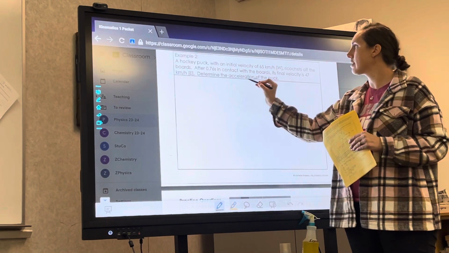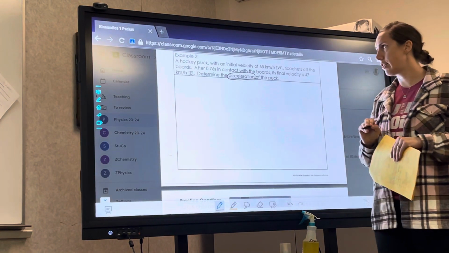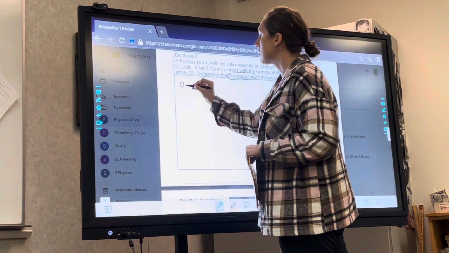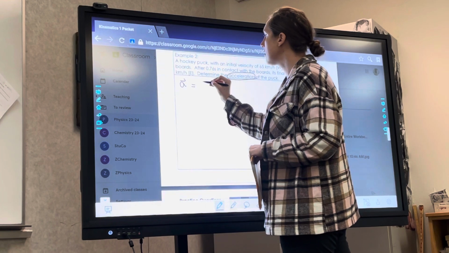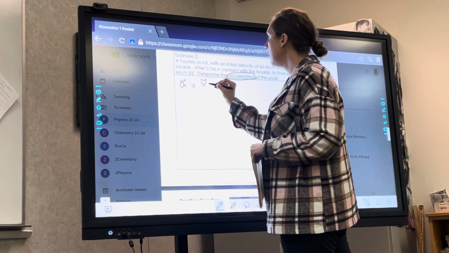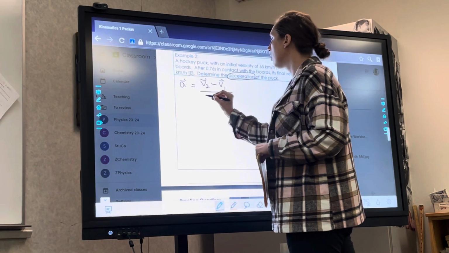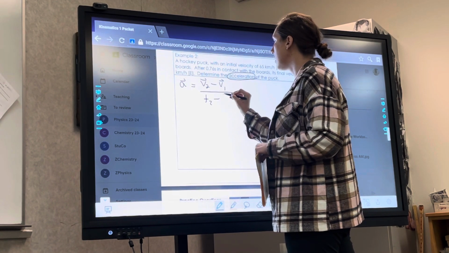They are asking for the acceleration. First thing we're gonna do is write our formula. Acceleration is the final velocity minus the initial velocity all over the final time minus the initial time.